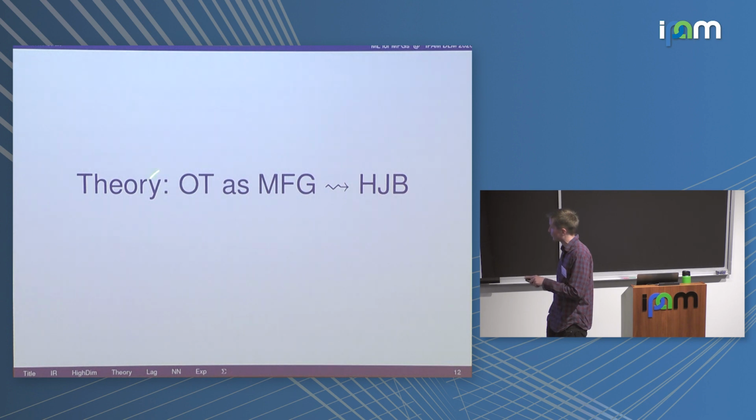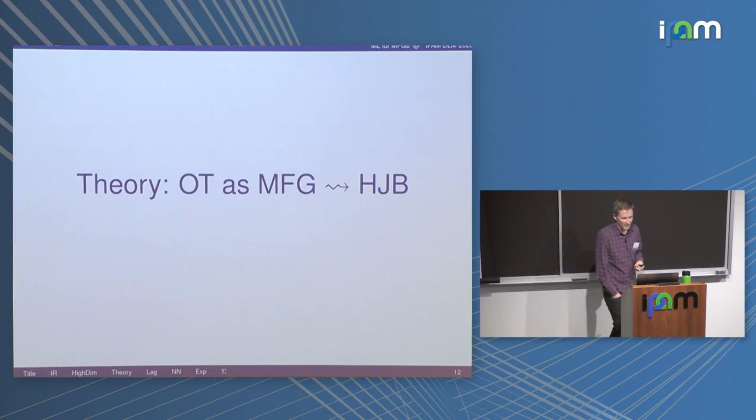We formulate the optimal transport problem as a mean field game. So there's a lot of letter soup here. So we phrase OT as an MFG, and that kind of leads us to something called a Hamilton-Jacobi-Bellman equation. So at the end of the day, unfortunately there is no shortcut. We've tried to take as many shortcuts as we like, but using these insights from the theory, putting that into the machine learning framework really helped us in getting results.